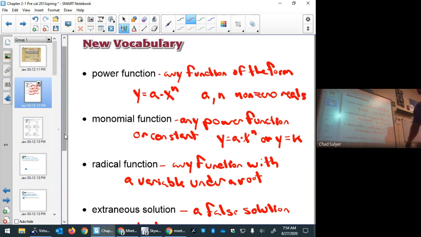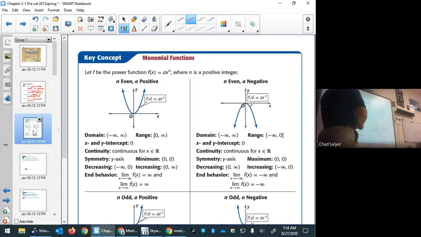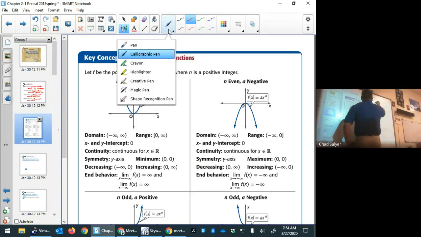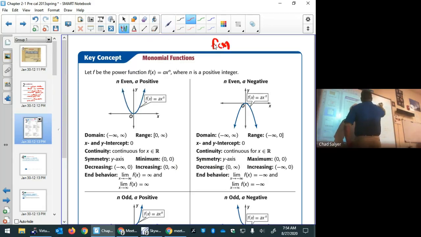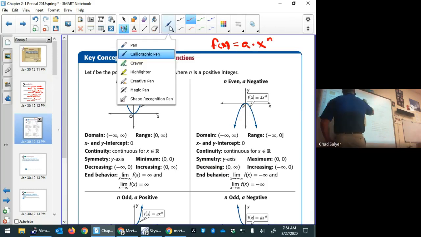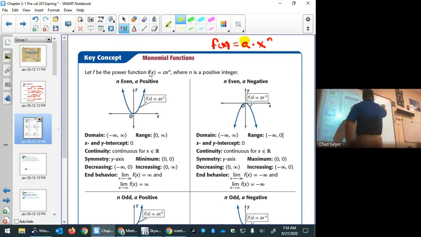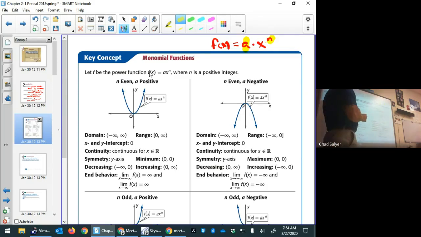All right. So monomial functions have four different flavors, if you will. If they are of the type f of x equals a times x to the n, the behaviors of the function are largely determined by that a and n.